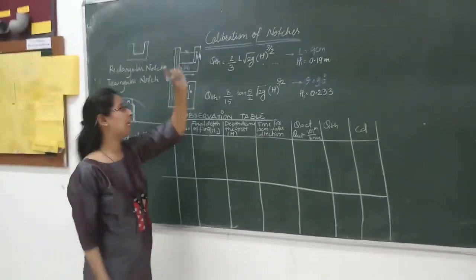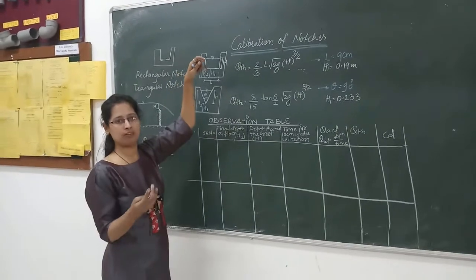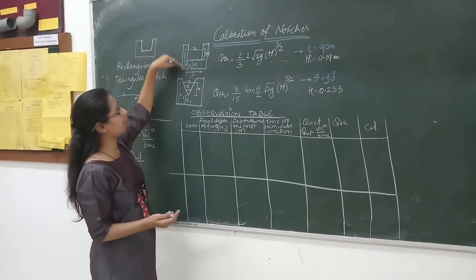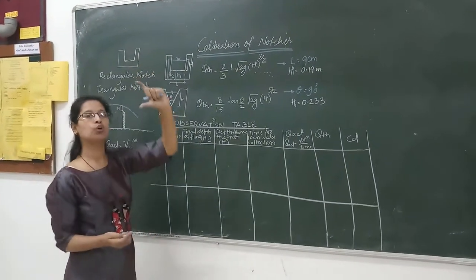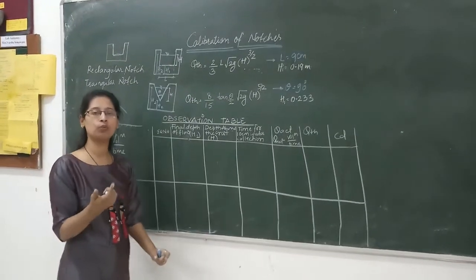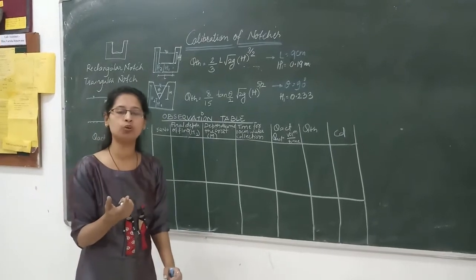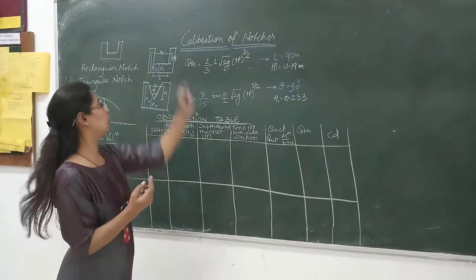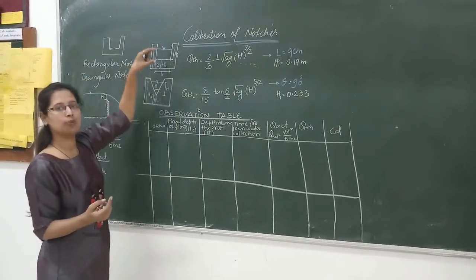We also measure the total depth of the flow from the bed. If we take the difference of the two, we get the depth of the flow over the crest. So h is denoted as the depth over the crest.